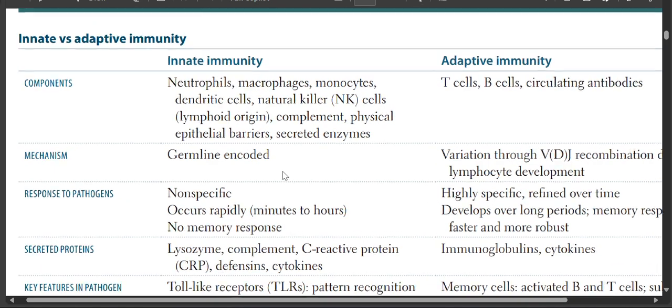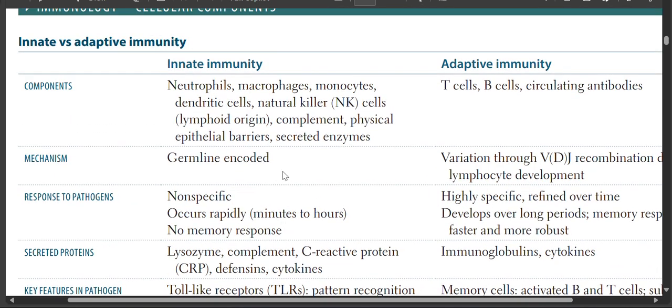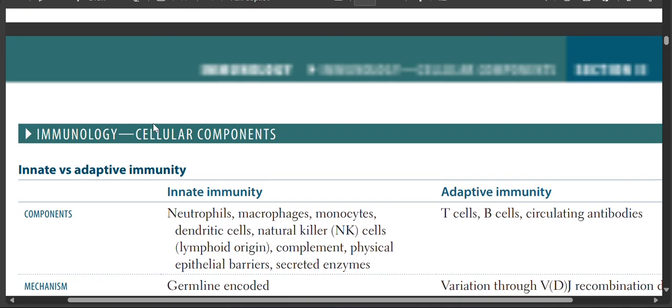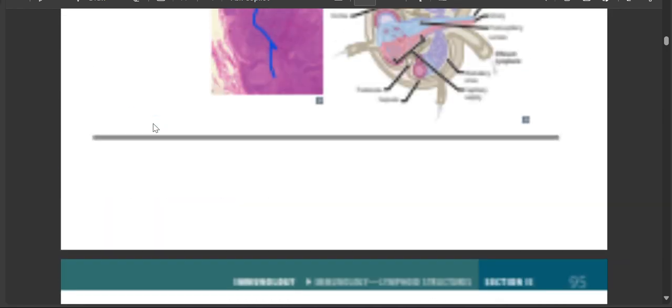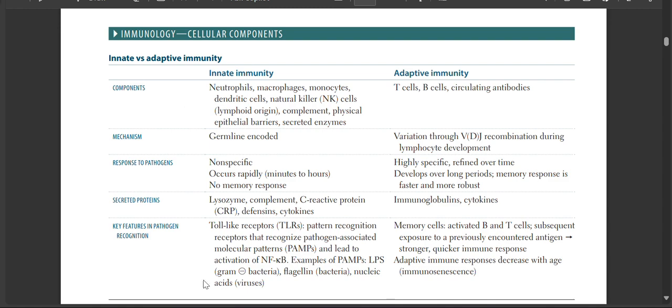It's true. Okay. So, next we have the innate versus adaptive immunity. Actually, let me ask you guys. What do you think? Should we end it here for today, or do you want to continue with the adaptive and innate immunity?